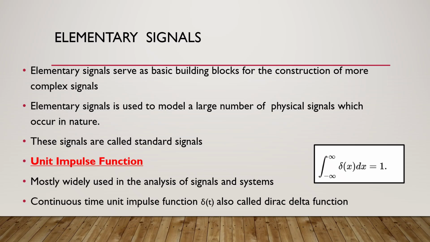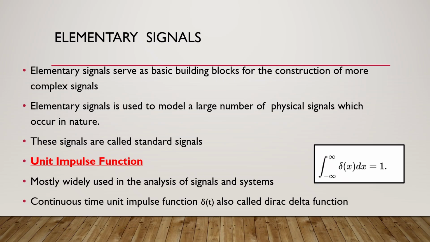Now we have the equation of the unit impulse function. In continuous time, it is represented as the integral from minus infinity to infinity of delta of x dx equal to 1.